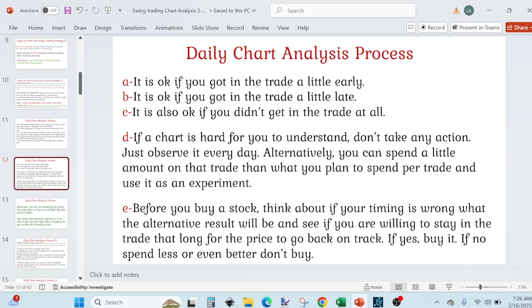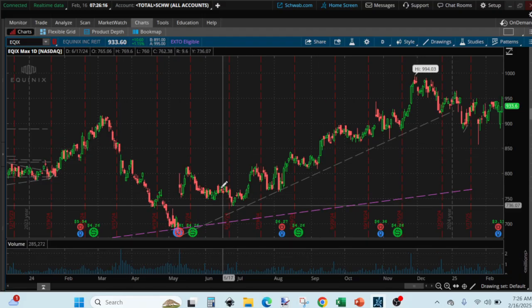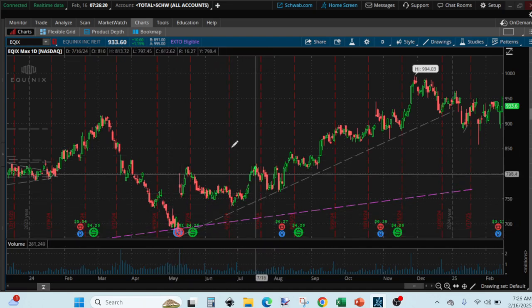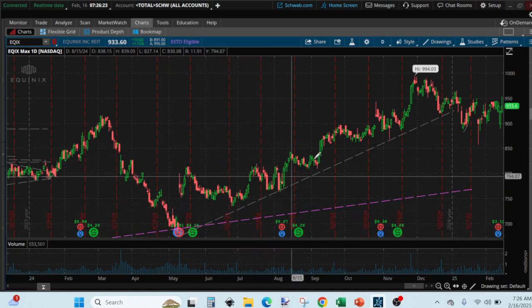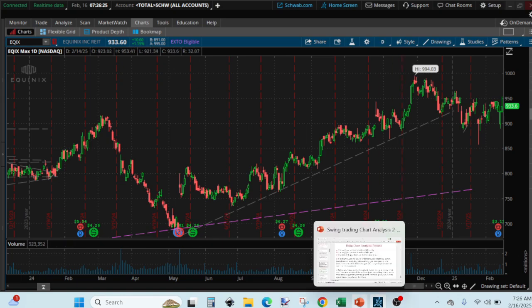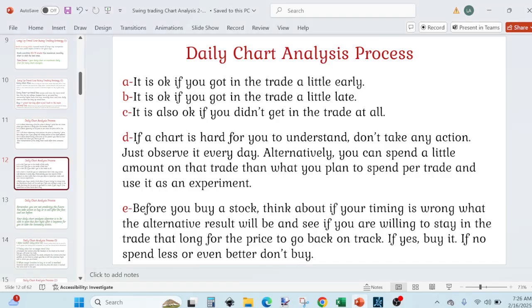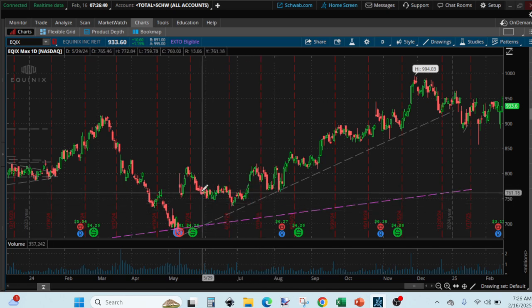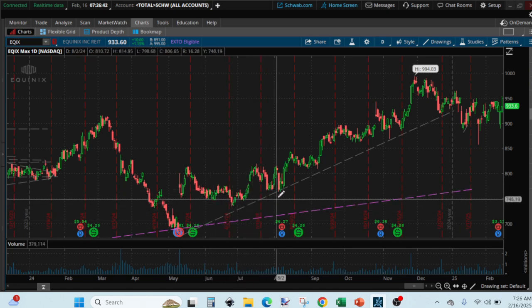If you are waiting too long to get in with the long option and swing trading strategy, what I notice is the chart tends to wander around that area for a while before leaving it. So you will have time to get in. Even if that's a little late, that will be fine. I just want to make sure you are tracing a short uptrend line that can guide you to enter after a pullback.